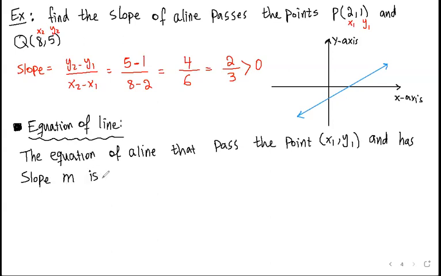So the equation is y minus y1, the y coordinate of this point, equals the slope m times x minus x1.